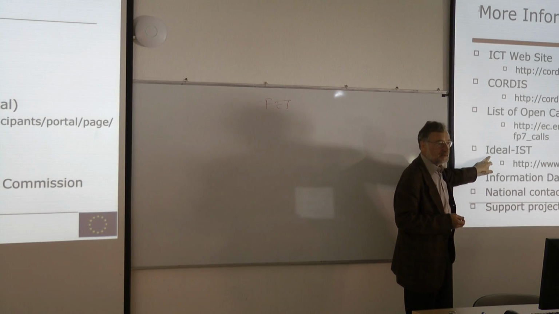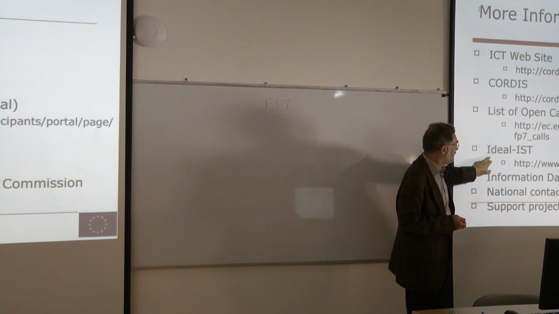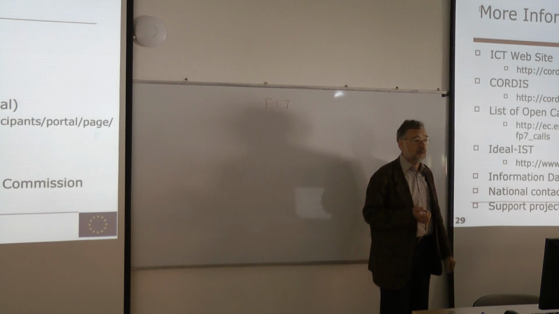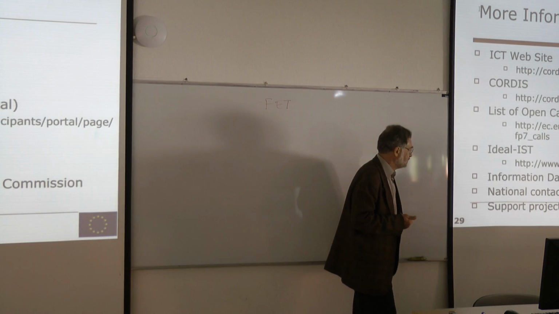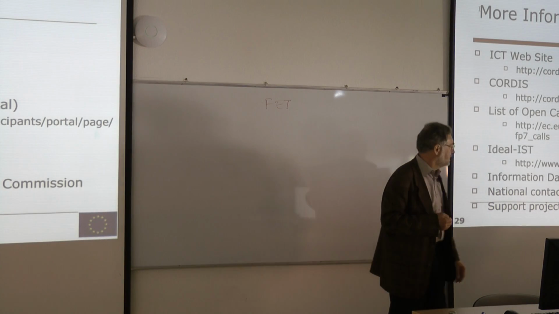There's another website just for the ICT program, which is financed by the European Union, which also publishes a lot of information about the ICT program. And there are other possibilities to find information.